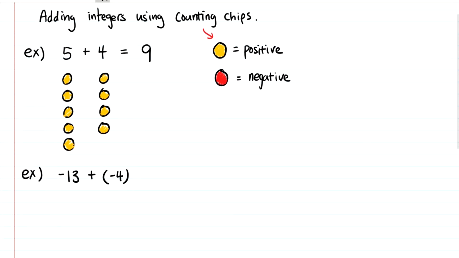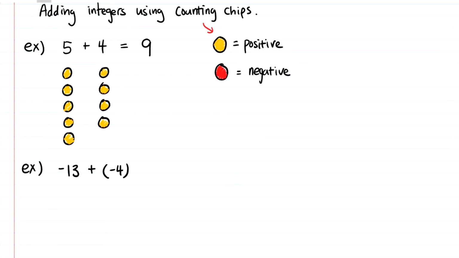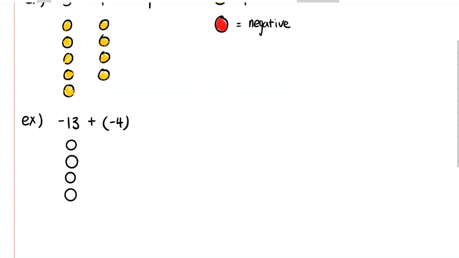It's still adding, so we're putting in two numbers, but this time the numbers are negative, so instead of yellow, we're going to use red. For negative 13, we draw 1, 2, 3, 4, 5, 6, 7, 8, 9, 10, and then 3 more, 1, 2, 3, in red.